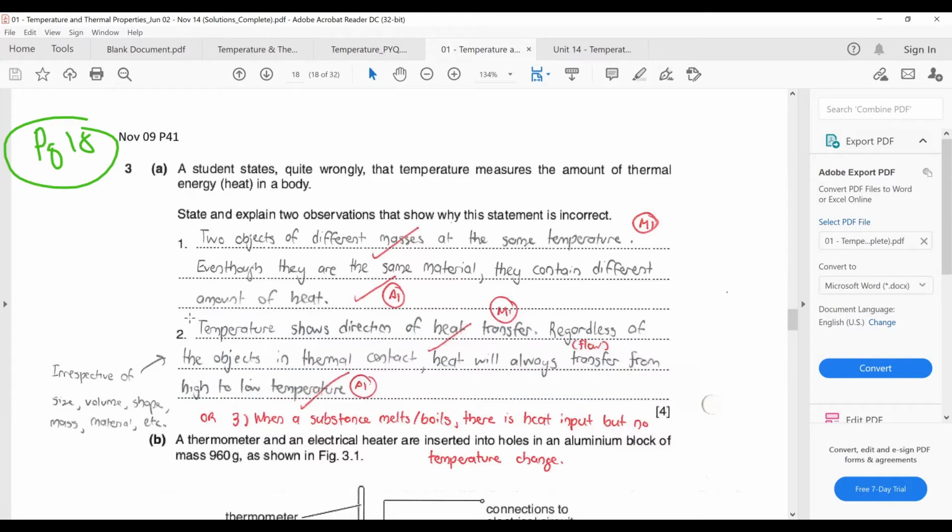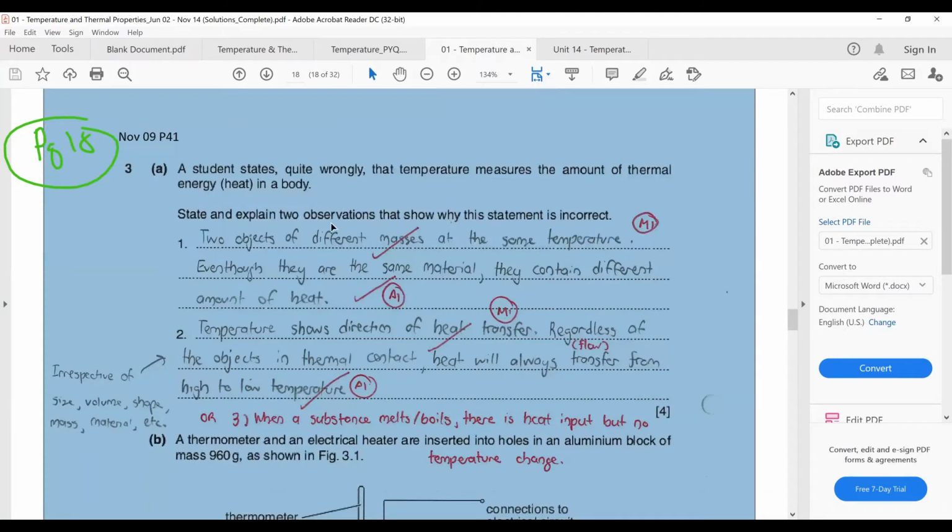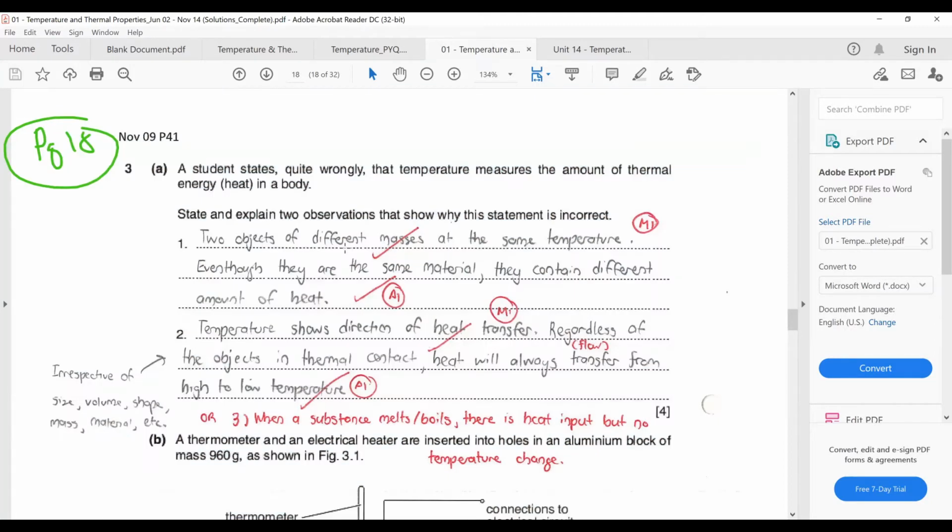The metal rod has a lower amount of heat energy, but the tub of water has a larger amount of heat energy. Heat will always flow from higher to lower temperature, regardless of the amount of heat energy they contain. All right, there's also another example which I can give you.